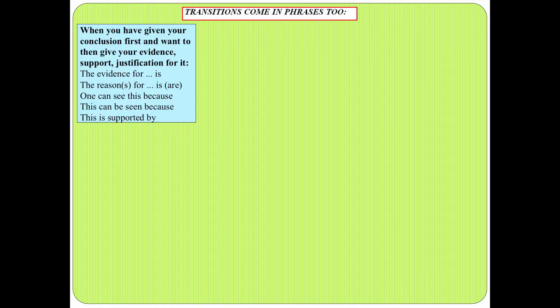Transitions come in phrases too. When you have given your conclusion first and want to then give your evidence, support, justification for it: the evidence for is, the reasons for is, are, one can see this because.